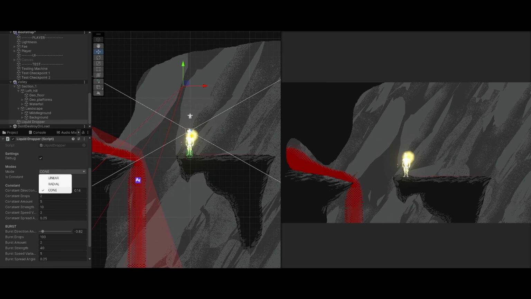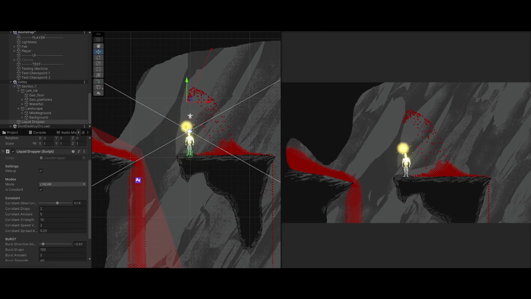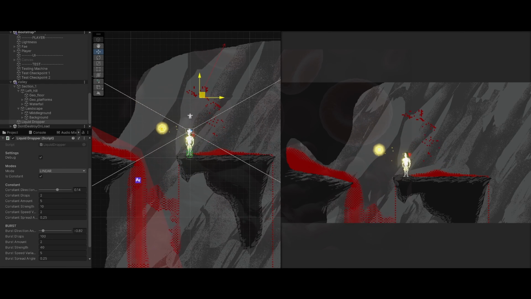And the last one is just the linear, which is just a straight line, as you can see here. Well, it's cone shaped, but when we change the way we spawn this one with making it a constant, you can see here that the linear makes more sense now. Actually, it's spawning a lot of blood.